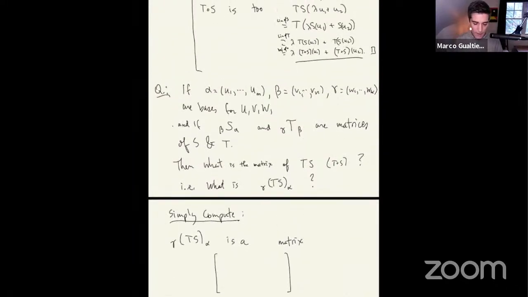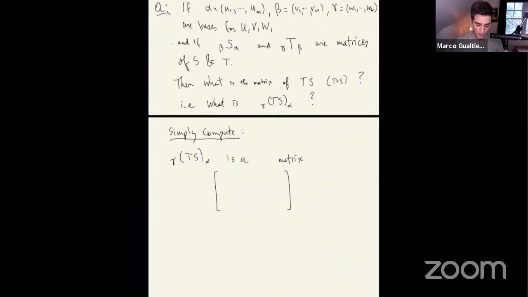So there's m elements of the basis alpha, right? And for each of these basis elements, when I apply this linear map to it, I'm going to get a bunch of coefficients multiplied by the basis elements of gamma. So the number of columns is exactly the number of basis elements, the length of alpha.